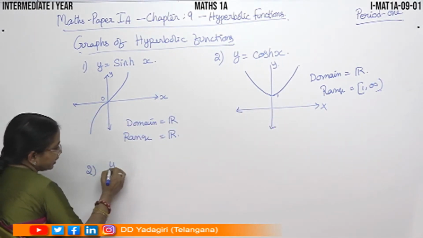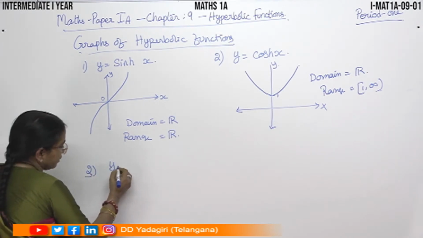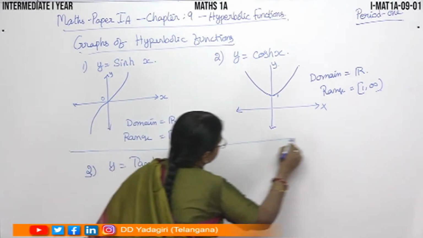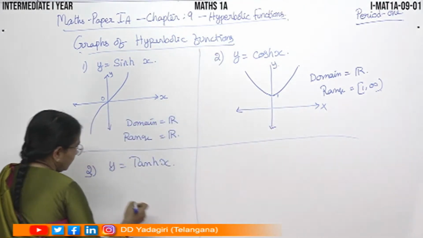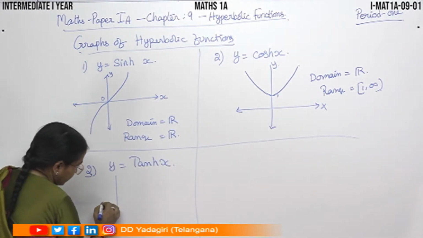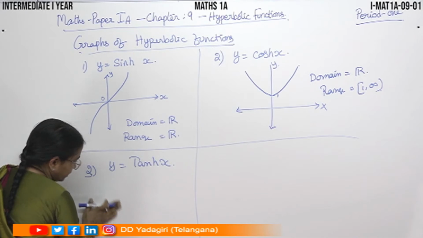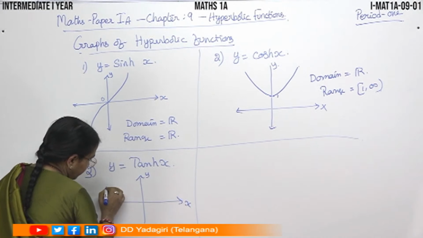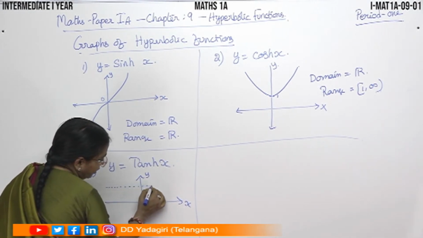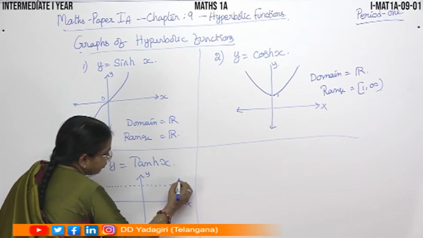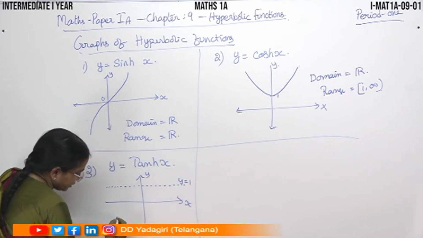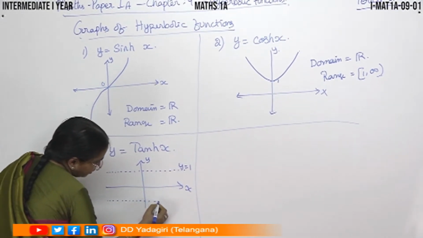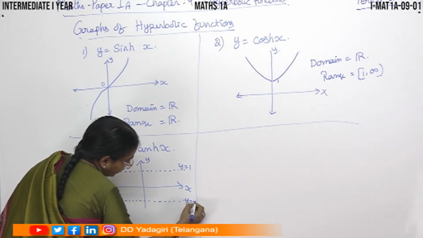The next, third one, is y is equal to tan hx. The graph is like this. This is the x-axis, y-axis, and you draw a line y is equal to 1, parallel to the x-axis, and another line y is equal to minus 1.